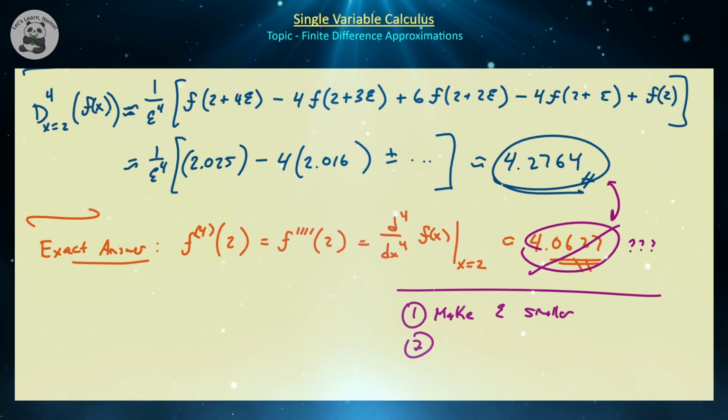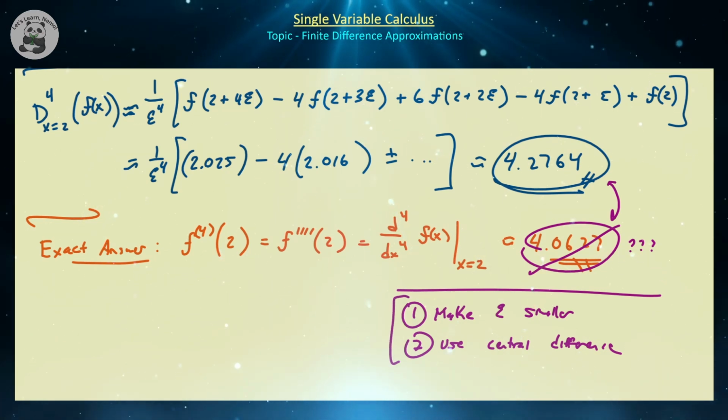Another thing you could do is, instead of using the forward difference, you can use a central difference approximation instead of a forward, because on average, again, that's a little bit more accurate. There are other methods aside from these finite difference approximations, but we won't get into them here, because we do have complete control over the epsilon, provided that you have the computational tools to handle it.